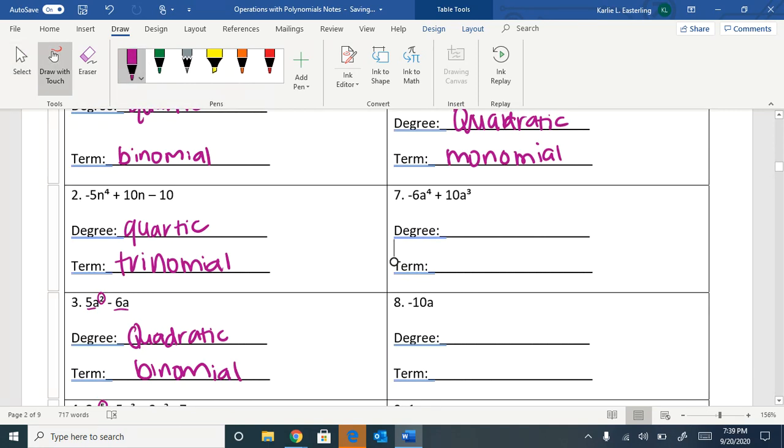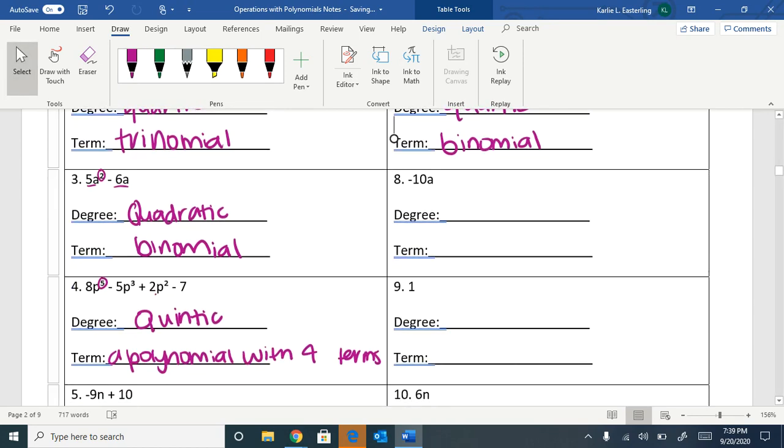Now number 4 down here is where we're looking at a quartic again. And this has 2 terms, which would make it a binomial. With number 10, we're looking at a linear again. And we're looking at a monomial.